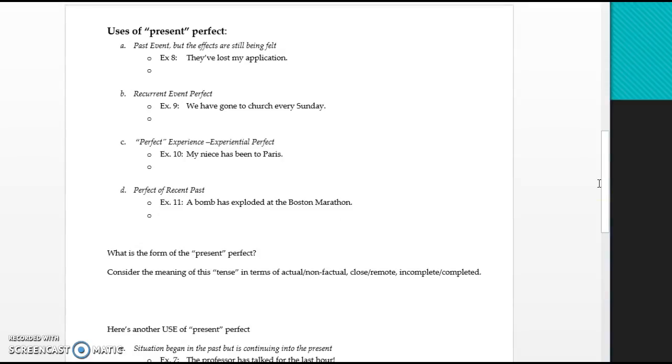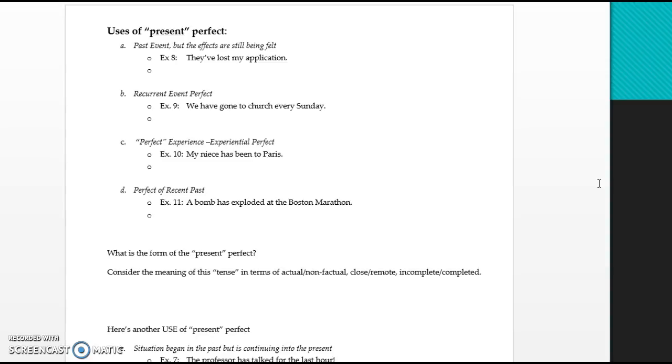Well, the first use of it is to express a past event where the effects of it are still being felt. They have lost my application. Okay. You write your own example that expresses both that form and that meaning.